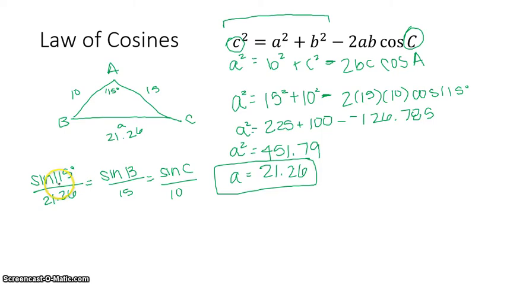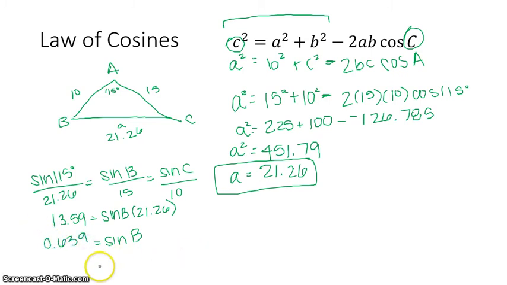Sine of 115 times 15 is about 13.59. Then I'm going to have sine of B times 21.26. Divide both sides by 21.26. So I get sine of B equals about 0.639.